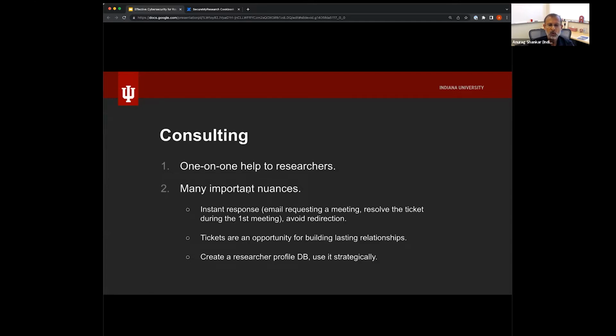But probably the most important is that this consulting has to take into account that speed factor. So the responses have to be instant. For example, when we get a ticket, there's an instant response by a person which says, "Can we meet today or tomorrow, and we can talk about this thing." And that has a couple of purposes. One is that we found that in many cases we're able to resolve that issue during that meeting.